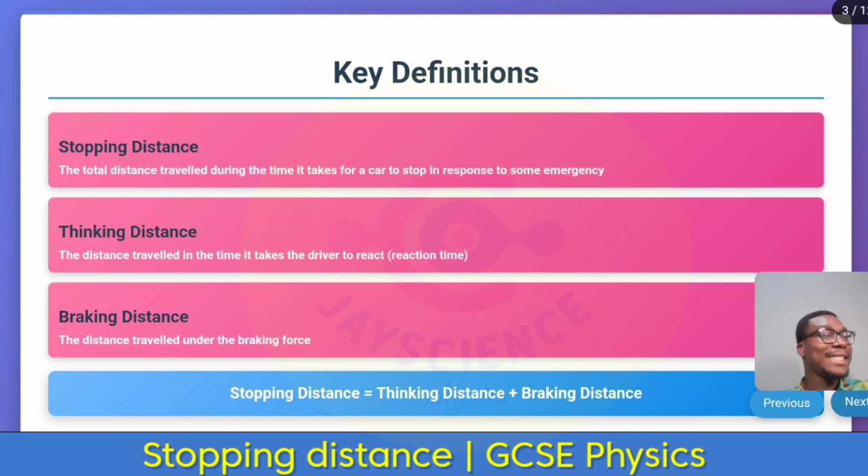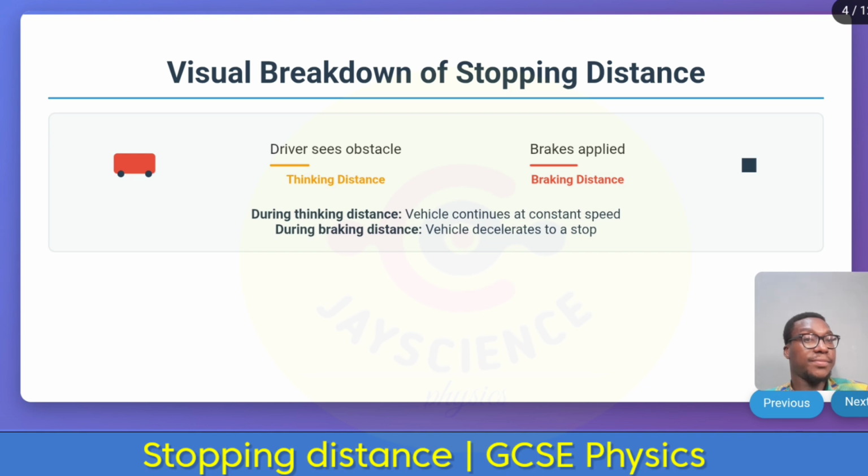And then the distance covered by your car during that time is what we call thinking distance. And the journey doesn't stop there. By the time you put your foot on the pedal and you match your brakes, the distance your car covers from that time to when the car comes to a final stop is your braking distance. So basically, stopping distance is thinking distance plus braking distance.